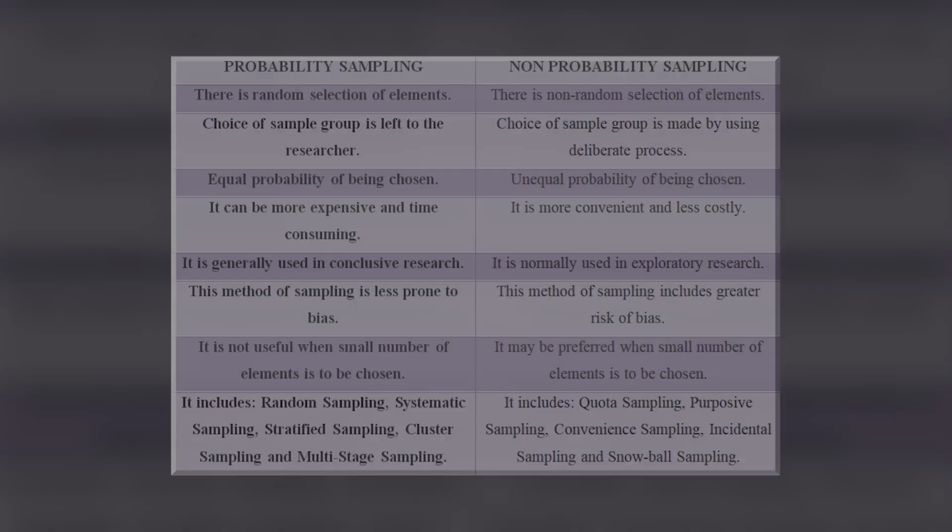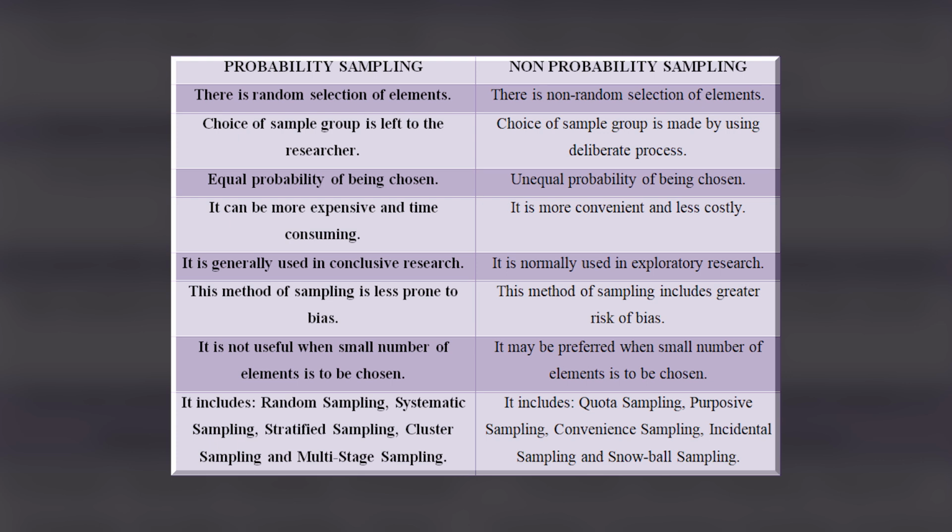First is probability sampling and number two is non-probability sampling. The difference is that in probability sampling there is a random selection of elements, and in non-probability sampling there is non-random selection of elements. Next, in probability sampling, choice of sample group is left to chance, whereas in non-probability sampling the choice of sample group is made by using deliberate process.